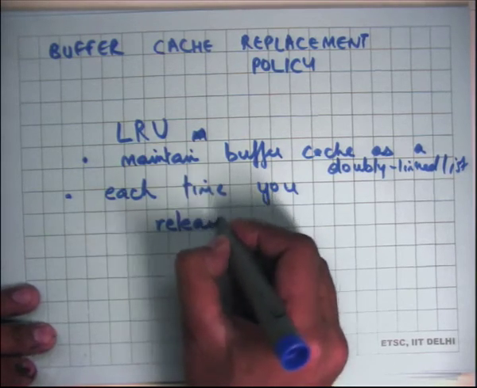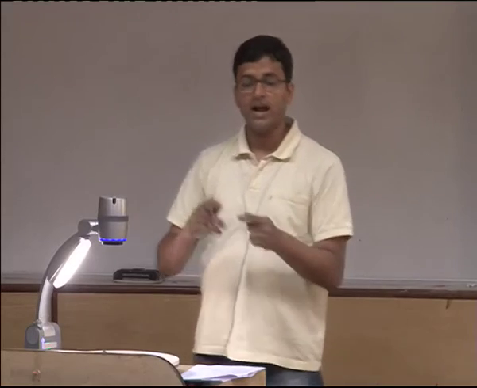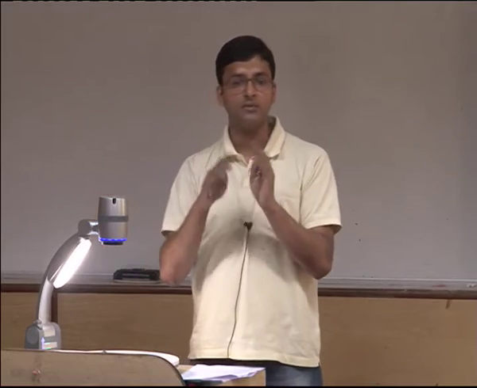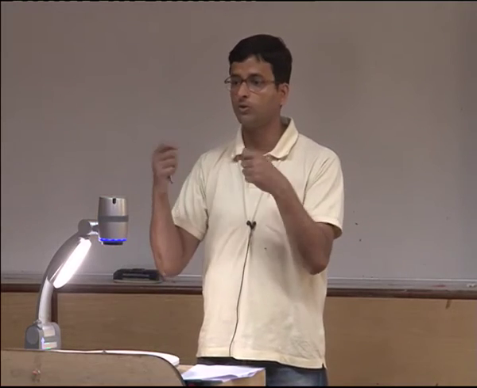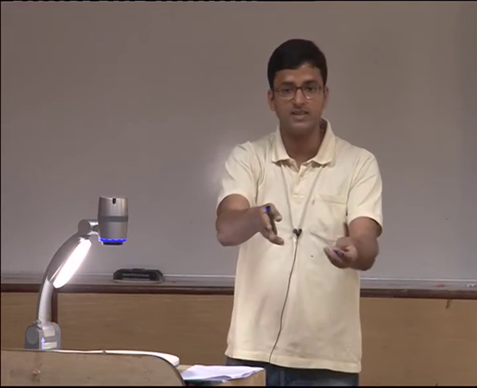So at the time of access, when you first access the buffer, you mark it busy. As long as it's busy, it cannot be replaced. So you don't need to do anything at the time of access. At the time of release, that's the time you can basically do something about this buffer to make sure that it gets evicted the last, because I've just accessed it, so it's most recent access, so it should be released the last.